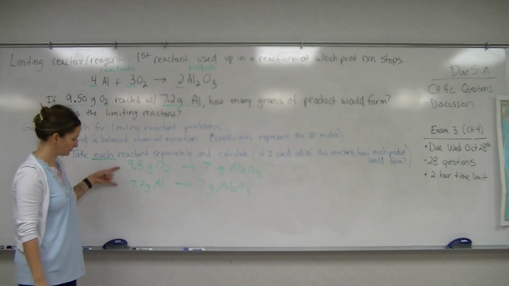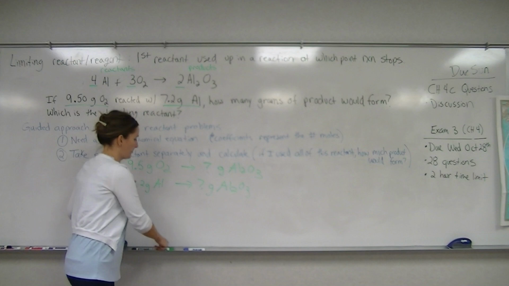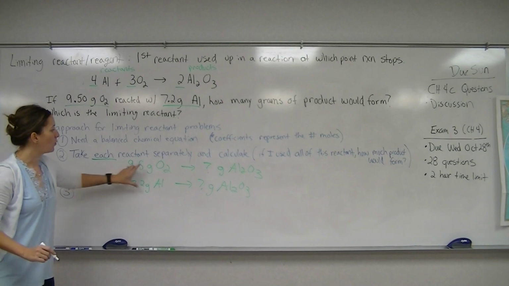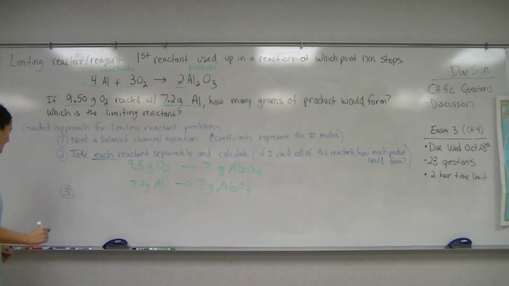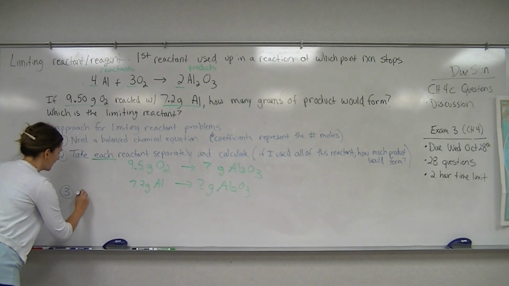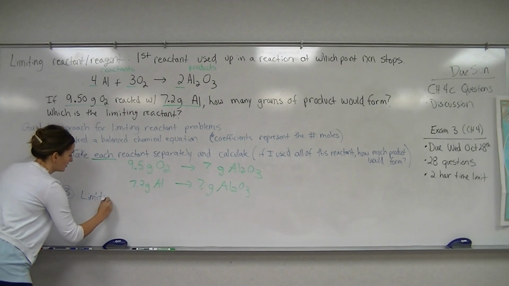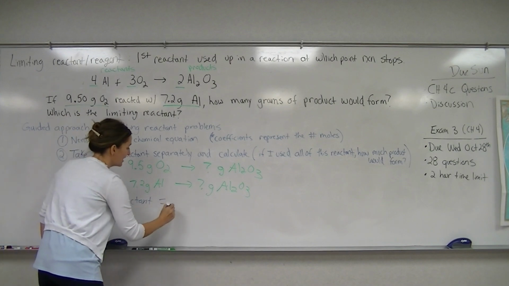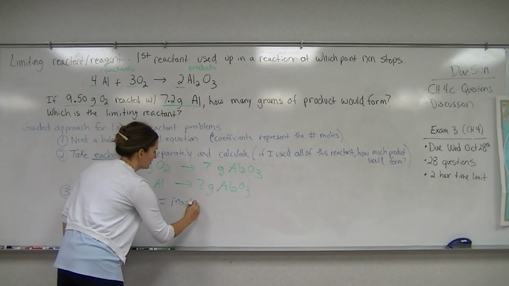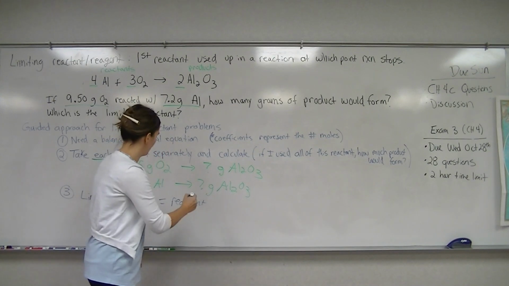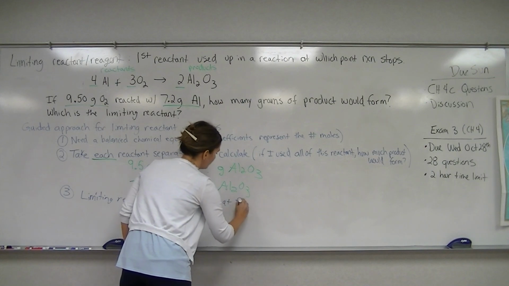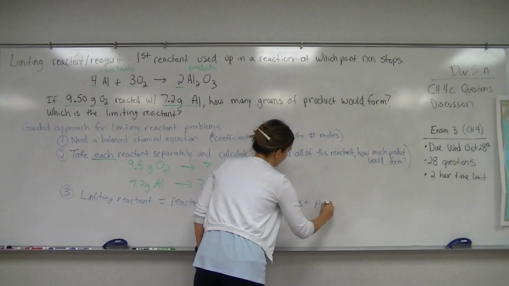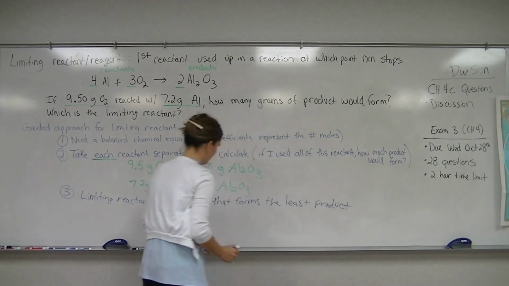The third step then, and we're going to solve these in a minute, but I want to give you all the steps in one spot: the answer to the limiting reactant is the reactant that forms the least product.